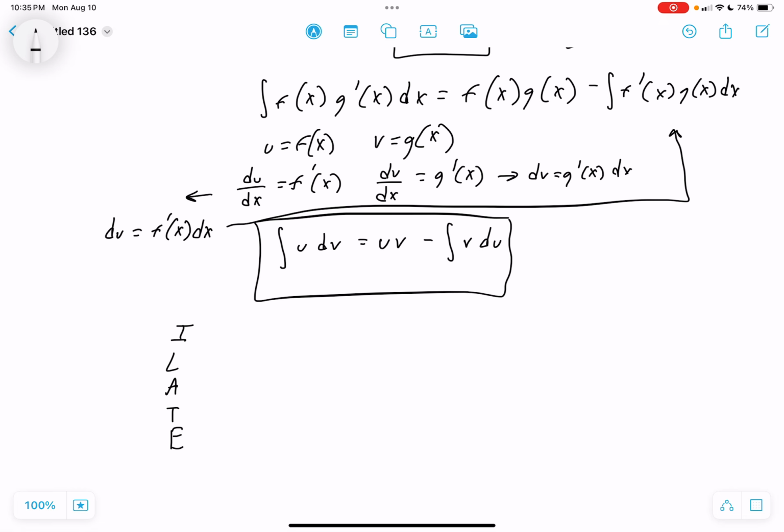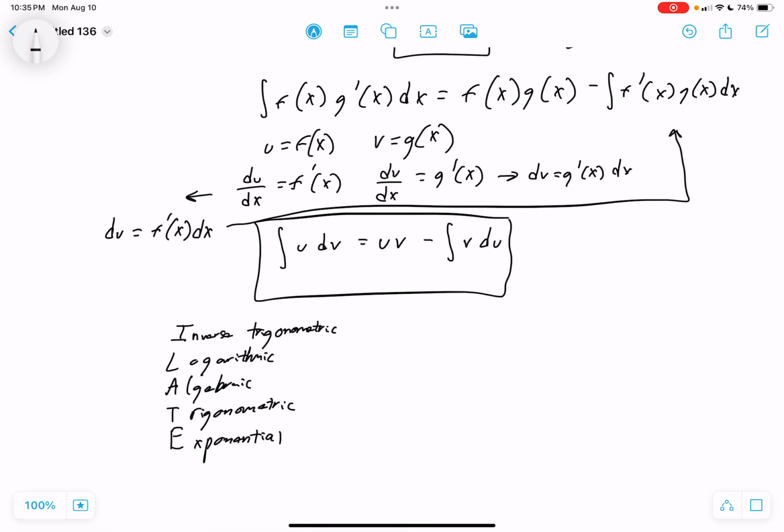Now, some people use LIATE, but I use ILATE. This stands for inverse trigonometric, logarithmic, algebraic, trigonometric, and exponential.